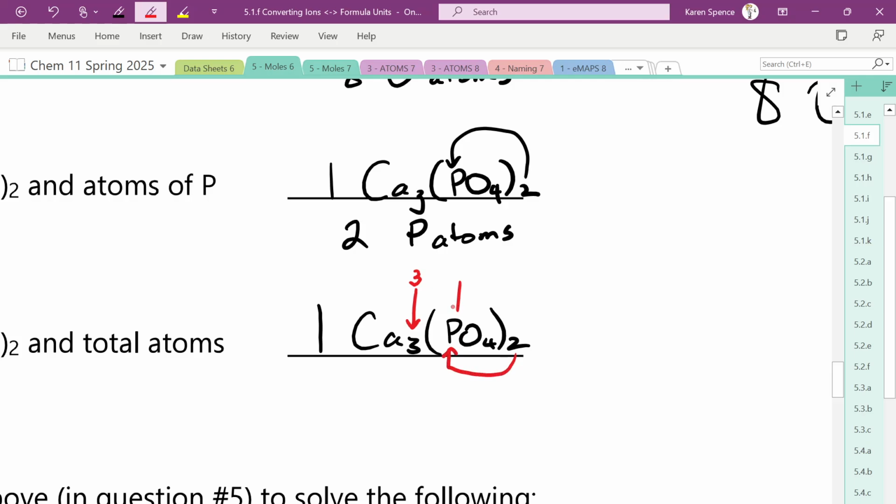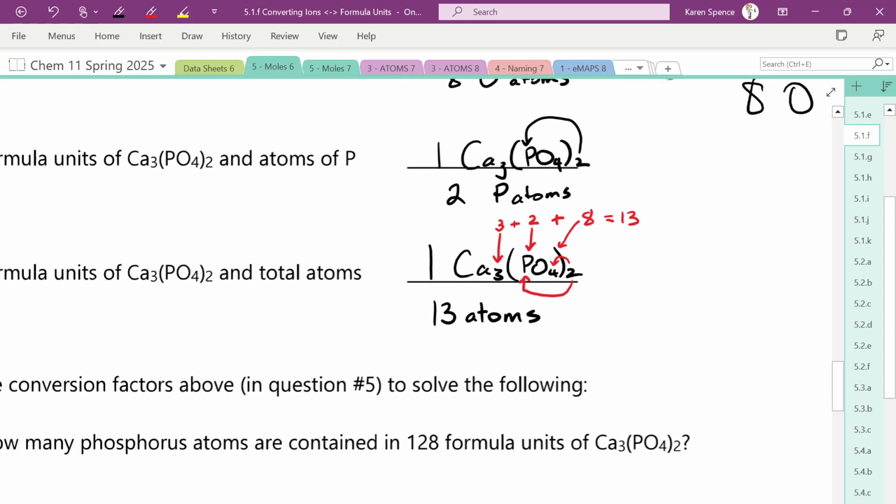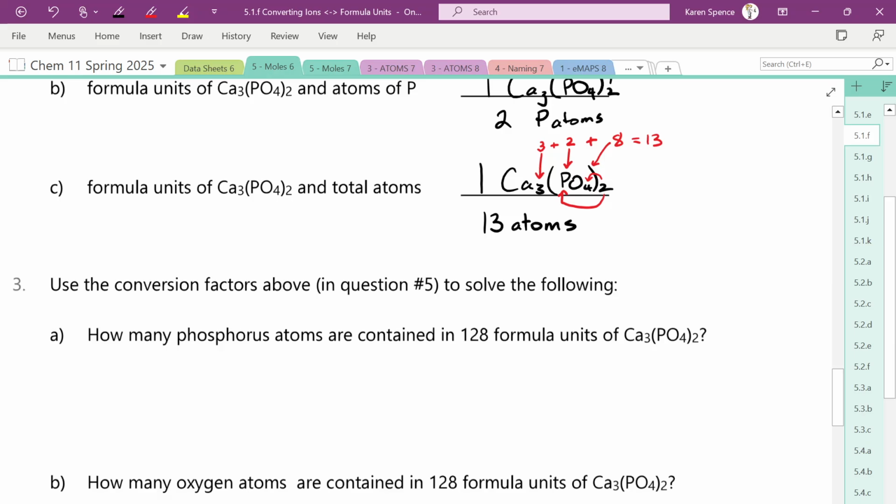So we have 3 calcium, we have 2 phosphorus, and we have 8 oxygen. So that gives us a grand total of 13. And those are just generic atoms, so we don't need to put anything in front of the atoms. Do you guys want to try the next few questions on your own?